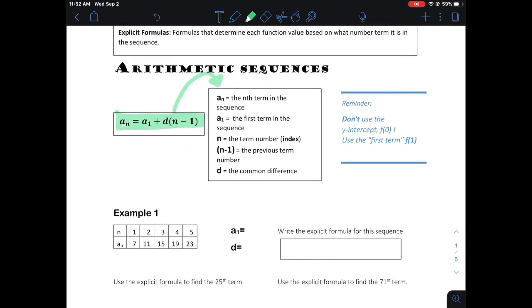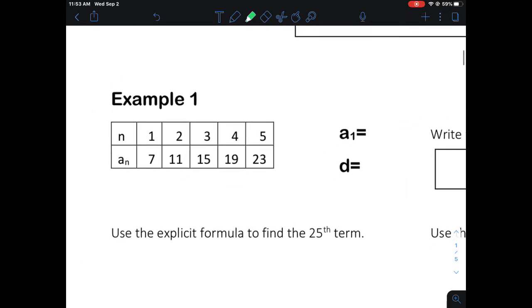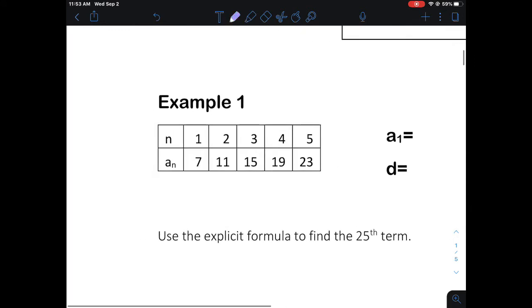So let's do our first example, see if we can tie all of that together and have it make some sort of sense. So we have our n, which is our term number. This is also our domain. So thinking ahead, we're going to have to describe domain and range.